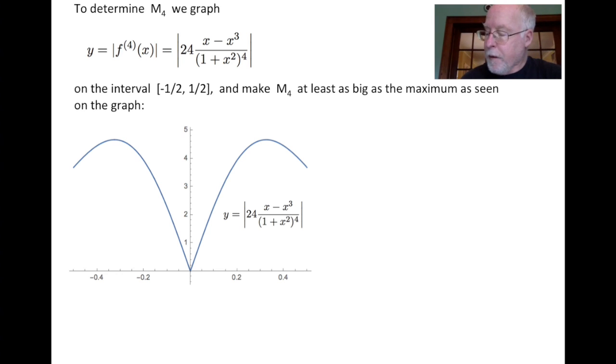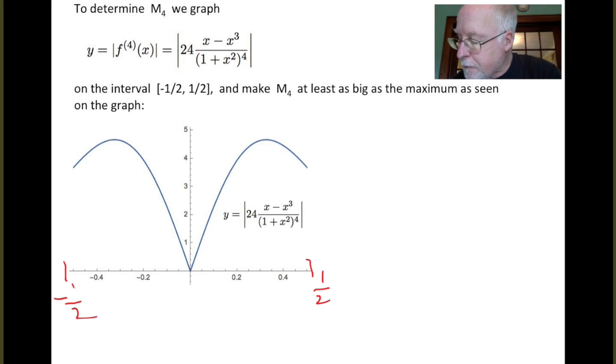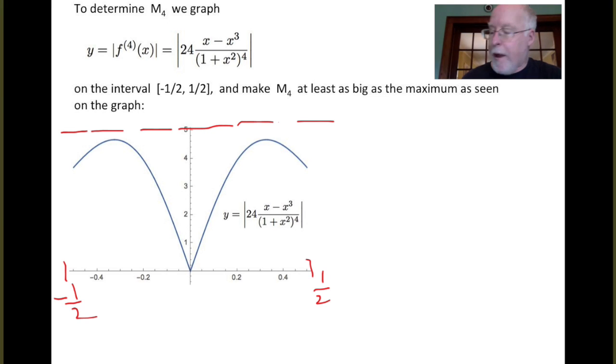This quantity is small at 0. It gets bigger, then it seems to come back down. But we can see from the graph that from minus 1/2 to 1/2, this graph seems to stay below the level 5, and so 5 would be an okay candidate for M_4.